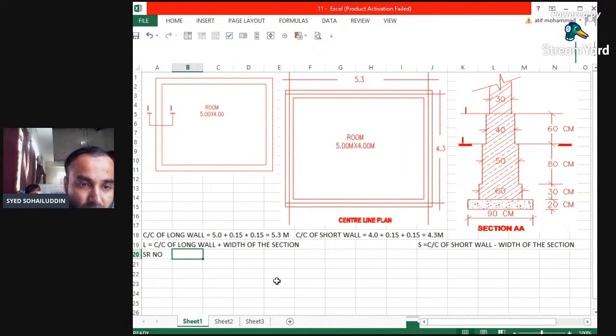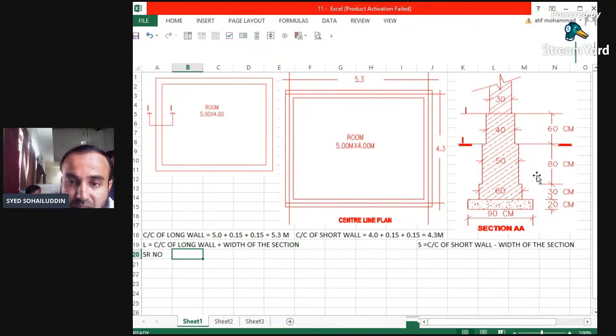First we will calculate for PCC. What is PCC? Here what is the width of PCC? The width of the PCC is 90 centimeters.